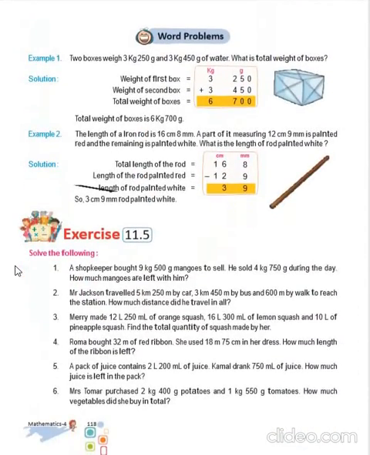Now let's come to word problems. Two boxes weigh 3 kg 50 grams and 3 kg 50 grams. Then we have to find the total weight. So for finding the total weight, what do you have to do? You just have to add. Weight of the first box plus weight of the second box; the total weight will be the addition of these two.